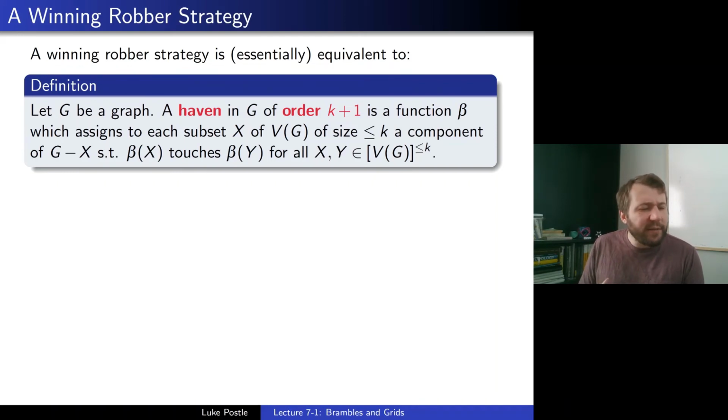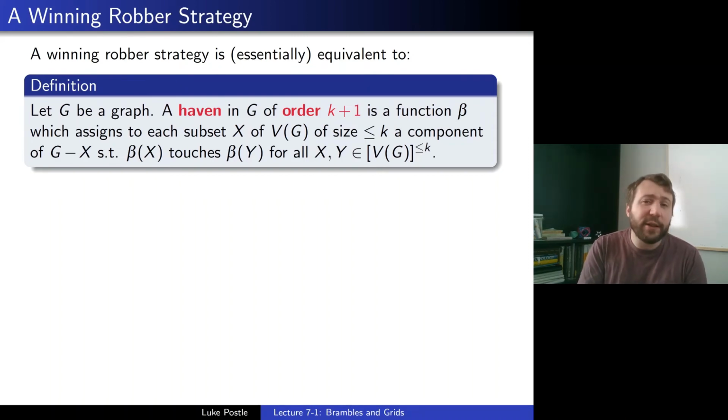So how should you think of it? Basically, wherever the cops position themselves, the robber can pick a home base. They need to pick a vertex to be standing on, but at that point it's equivalent to standing on any component of G minus X. If X is the position of the cops, they need to pick a component as part of their strategy.